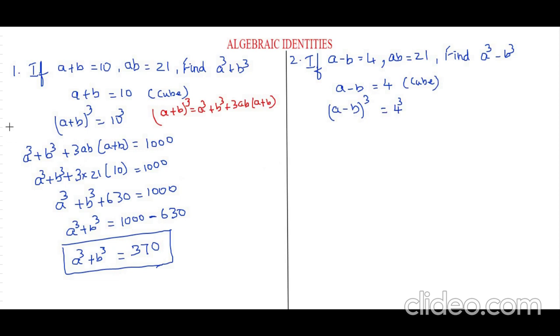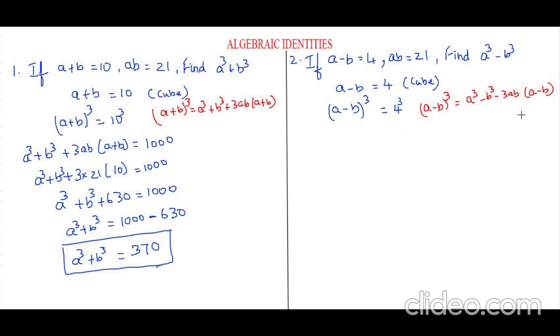Now let's apply the identity. I hope you all remember the identity. So it is a minus b the whole cube equals a cube minus b cube minus 3ab, and inside the bracket it is a minus b. It's the same identity, only in the place of plus we are just going to change the minus sign.